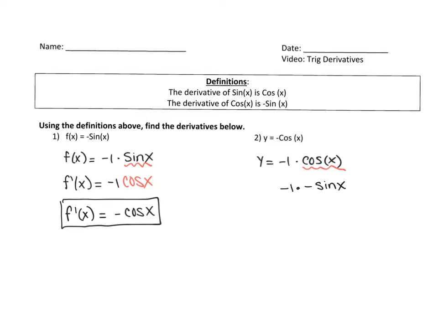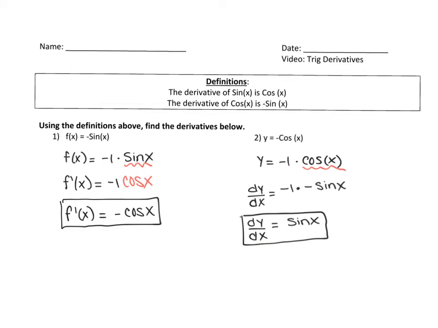And just be careful: since it's in y equals, the derivative is dy dx, so make sure you're writing it in the correct form. So dy dx, if you multiply the two negatives together, you just get positive sine x. So again, for notation, if it's given to you as f of x, you could write the derivative as f prime. If it's given to you in y equals, we write the derivative as dy over dx.